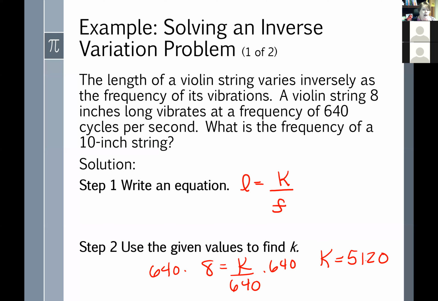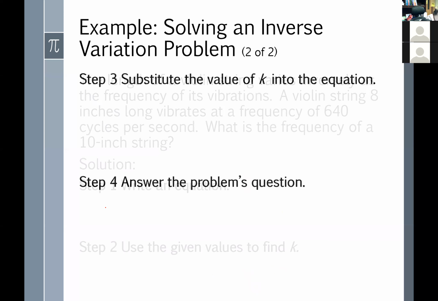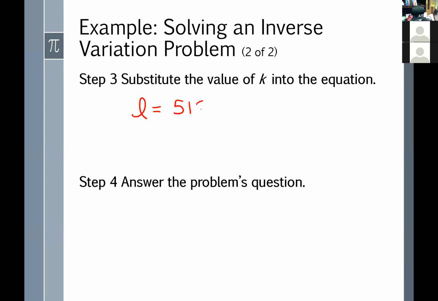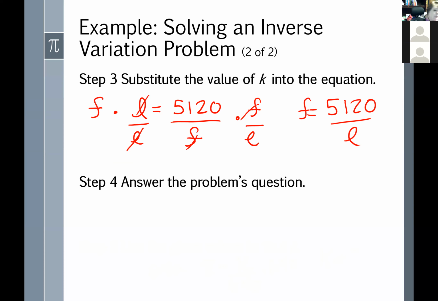What's the frequency? Oh, they're changing it up a little bit. What's the frequency of a 10-inch violin string? So what's my equation going to be? My equation is going to be the length is 5,120 divided by the frequency. So I could solve this for F by multiplying both sides by F and dividing both sides by L. So I get F is equal to 5,120 over L. So the frequency can be found by taking 5,120 and dividing it by the length of the string.